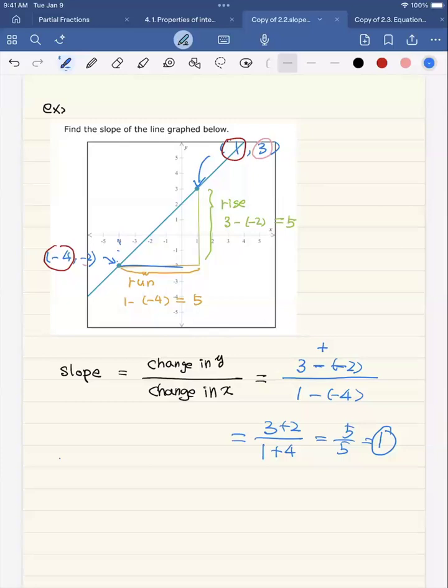When you think about the change in y, you will think about one direction. So what I'm saying is change in y over change in x. So it's better to write 3 and then the corresponding x right below the y coordinate.